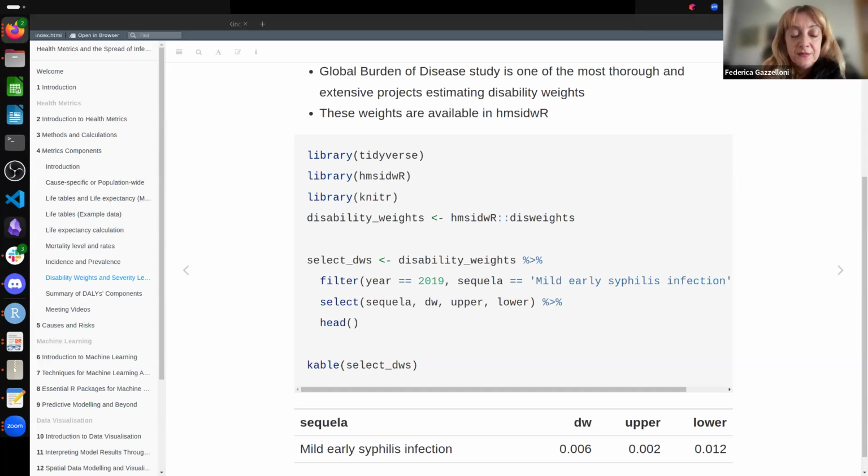Yeah, in the GBD, if you look at the latest study now, we are going through the 2023 reviews for the next release of the metrics updates.